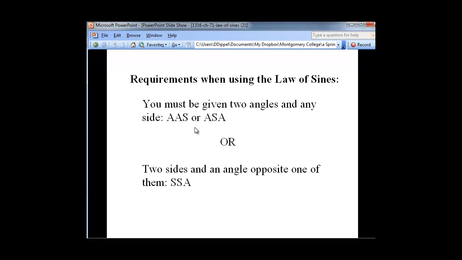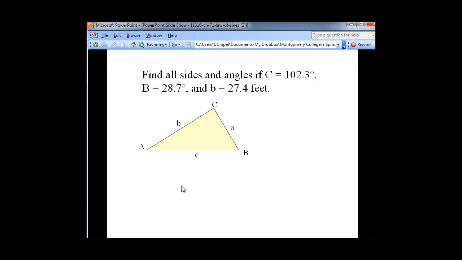Or you can have two sides with an angle as long as the angle isn't in between the sides. It doesn't work for three sides, because if you look at the formula, three sides is going to give you three fractions, and you can't deal with that. You cannot have side, angle, side, because the angle can't be in between the sides. It has to match up with one of the sides.